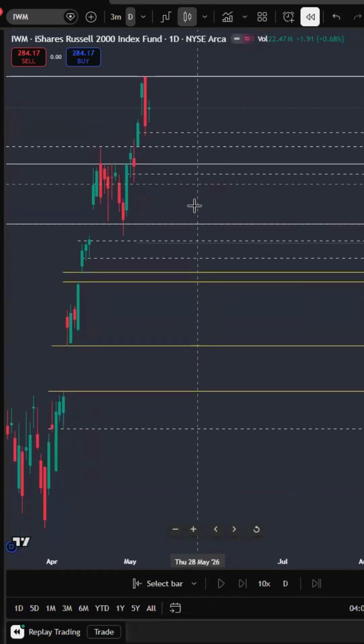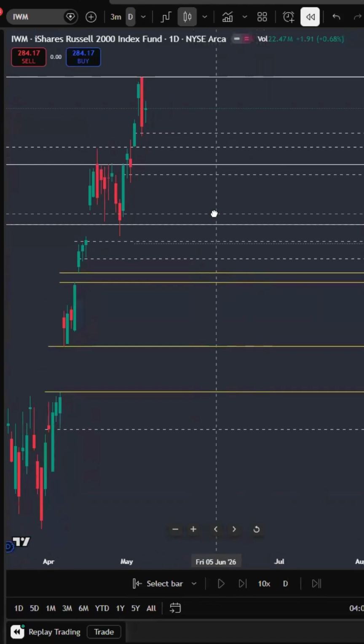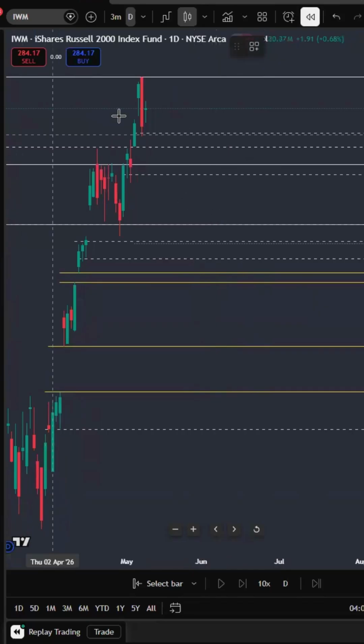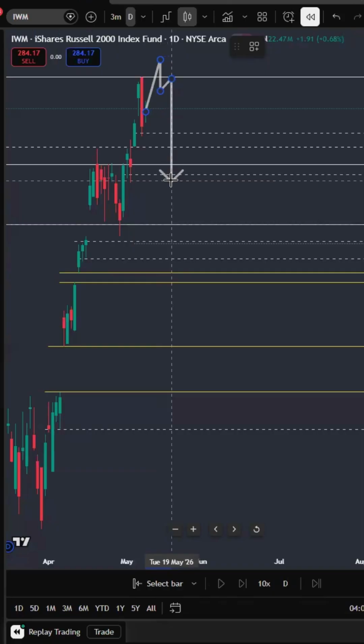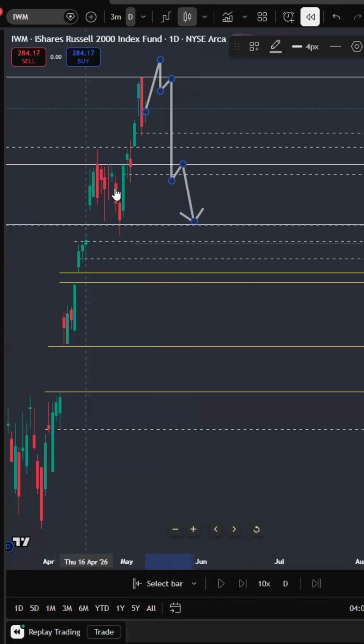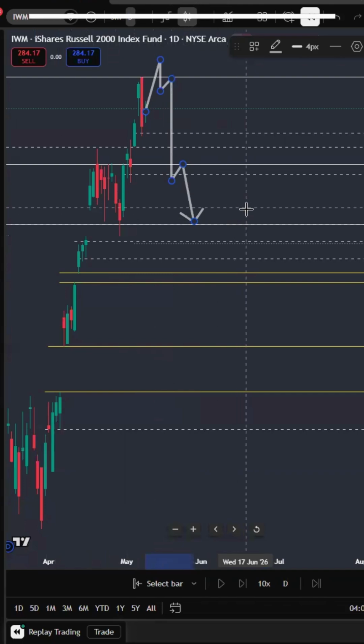Now, what would it look like if we were going to get a trend change? We'd probably get a breakout above all-time high, lower high back into range, and it would come down to this level. If it broke through, gave us a lower high below, then we know at that point we have a major trend change on our hands because we now have lower highs and lower lows on the daily chart.